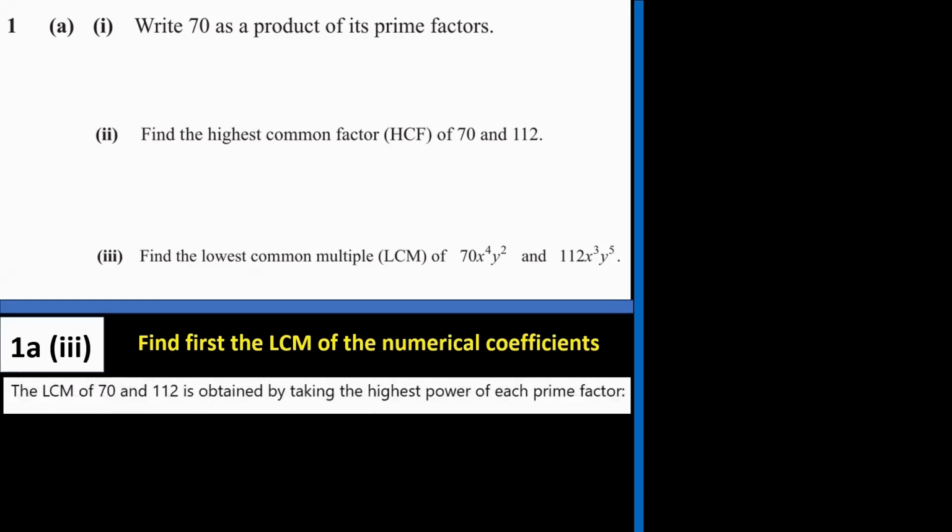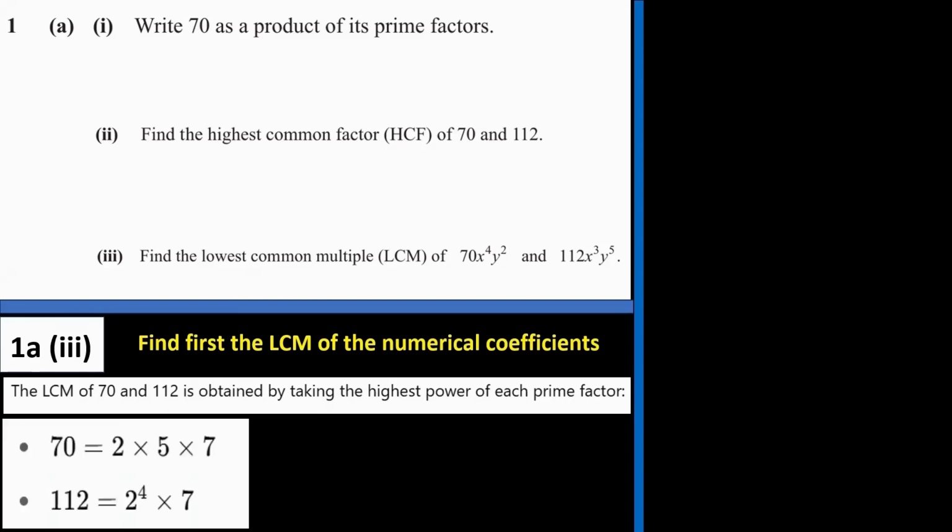The LCM of 70 and 112 is obtained by taking the highest power of each prime factor. Remember, we express 70 as 2 times 5 times 7, and we express 112 as 2 raised to power 4 times 7.